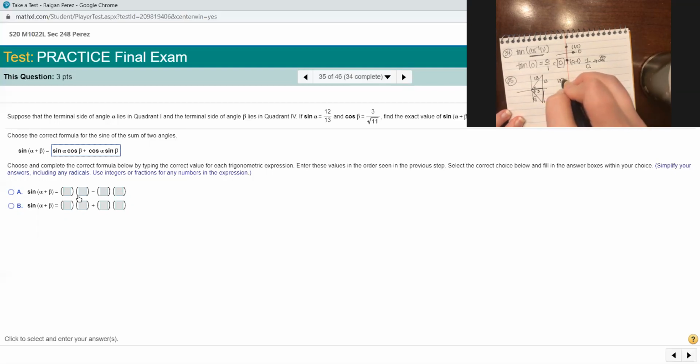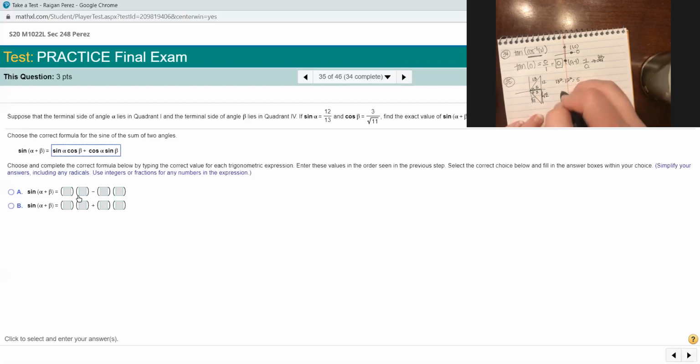So 13 squared minus 12 squared is 25, so square root of that would be 5. So that one is 5. And then 11 minus 9 is 2. So this is square root of 2 for that one. And because this is going down, it's negative square root of 2.